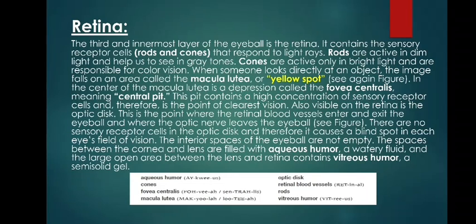This is also visible on the retina: the optic disc. This is the point where the retinal blood vessels enter and exit the eyeball, and where the optic nerve leaves the eyeball.